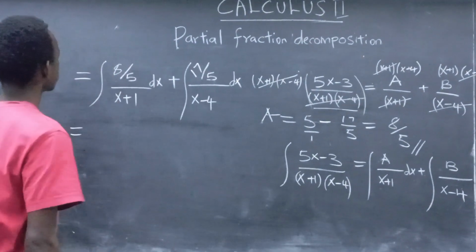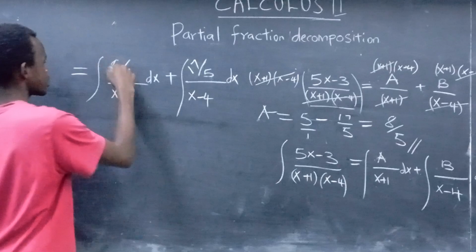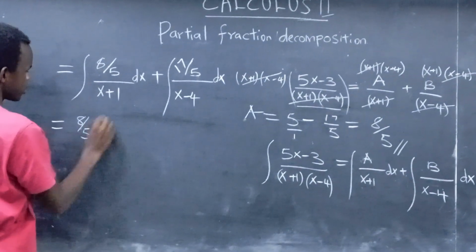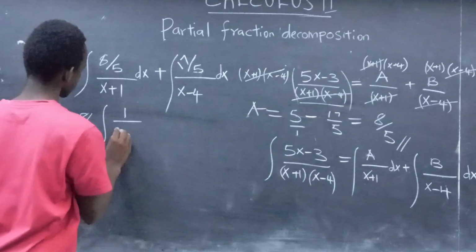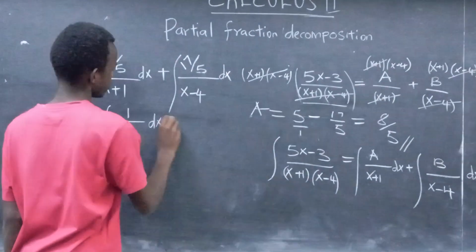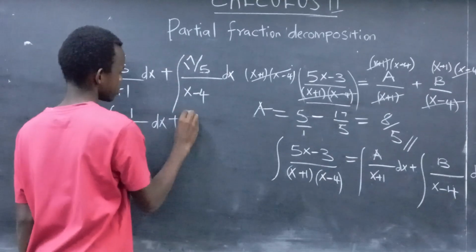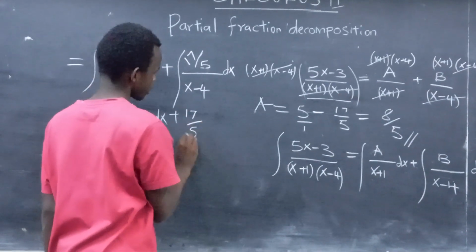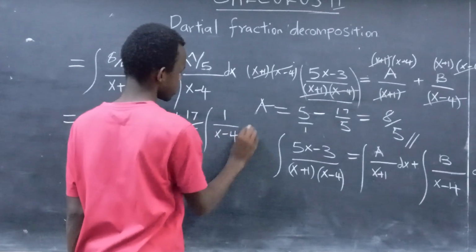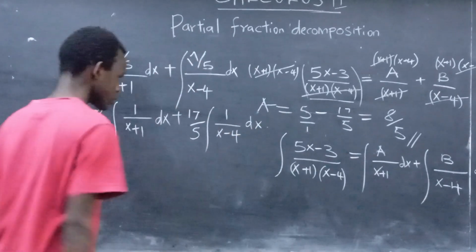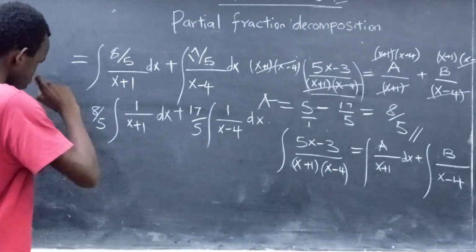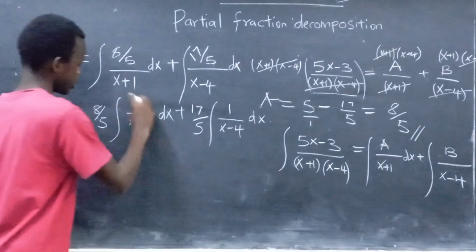Okay? So from here, I'll take this constant term outside the integral, so I'll get 8 over 5 times the integral of 1 over x plus 1 dx, plus, again here I'll take my 17 over 5 outside, times the integral of 1 over x minus 4 dx. So from here it will be easy. So what's the integral of this?